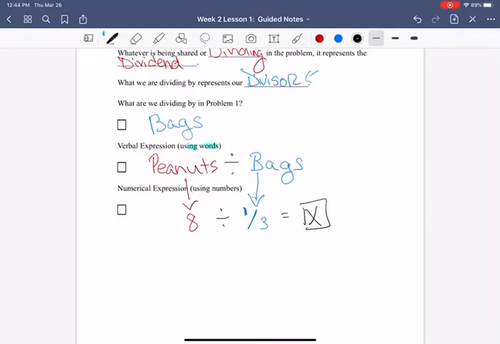The 3 steps that I want you to take today are going to be 1, read to identify the dividend. Remember, that's our whole. And our divisor, what we're dividing by.